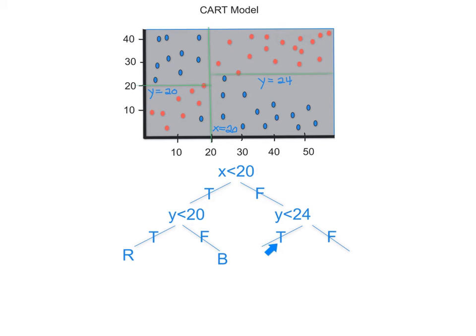If it's true, then we're below the line y equals 24 and to the right of the line x equals 20, and we're in this lower right-hand region, and our output is more likely to be blue. If it's false, then we're in this upper right-hand region, and our output is more likely to be red.